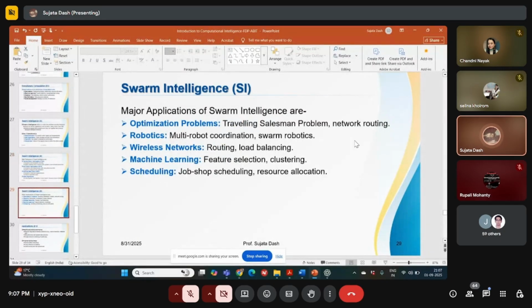Then the major applications of swarm intelligence are optimization problems, robotics, data mining and machine learning, healthcare and bioinformatics problems, economics and business. Also, you can find the application in game development and animation.